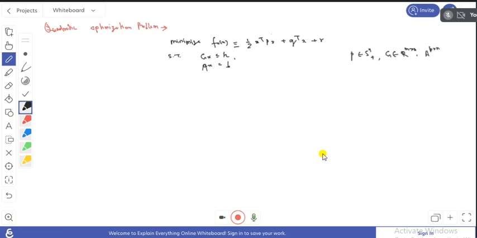Here the objective function is convex, this objective function is this thing, and your inequality constraints are affine functions.